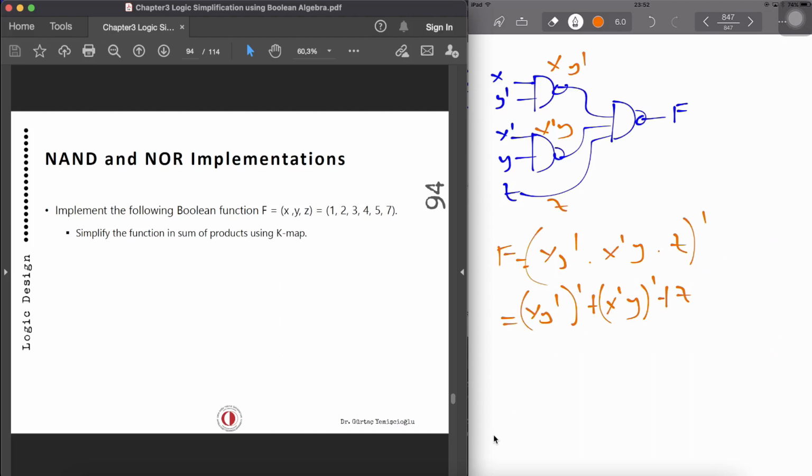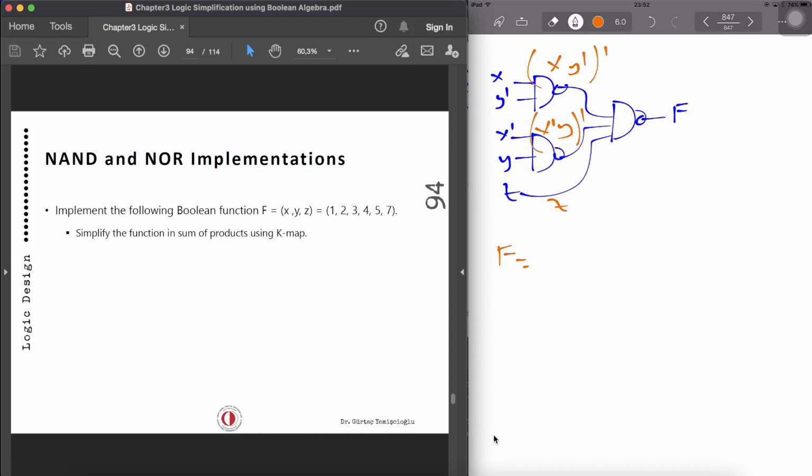Now, the thing that we are getting here, I forgot something over here. Hang on. If I go back, I forgot to add the other primes. So xy prime, this is prime, and this is primed because of the AND invert. So xy prime, prime, dot x prime y prime dot z, and then prime because of that.